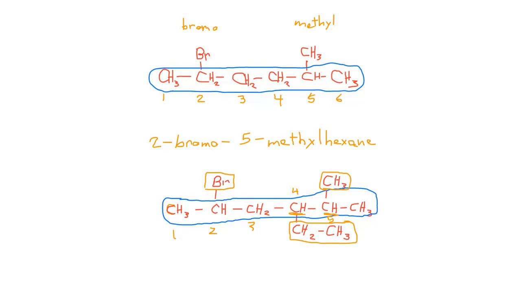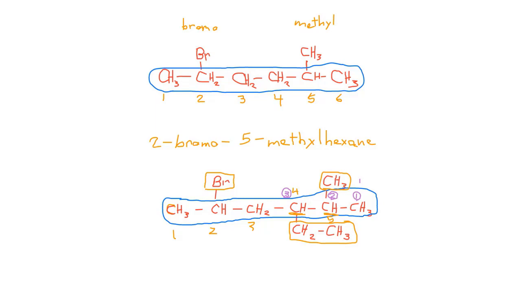Now if I number from the other side, I'll use a purple color. This will be my carbon number 1 down here. This is 2, and this is 3. So you can see that in both cases, the first substituent, the first branch, is on carbon number 2.